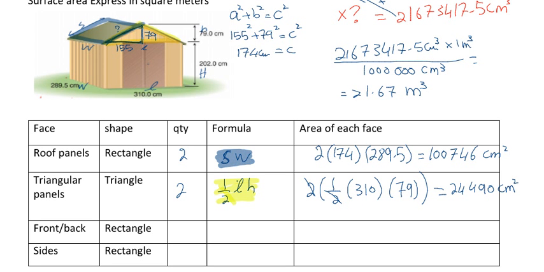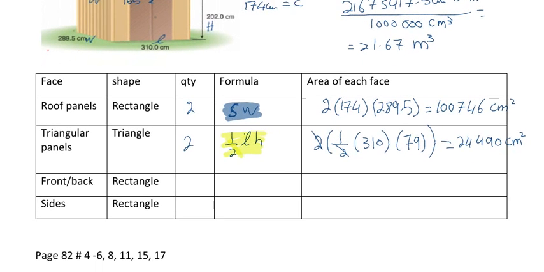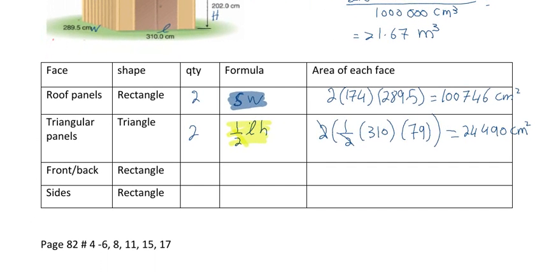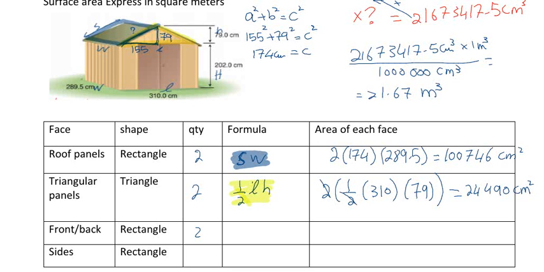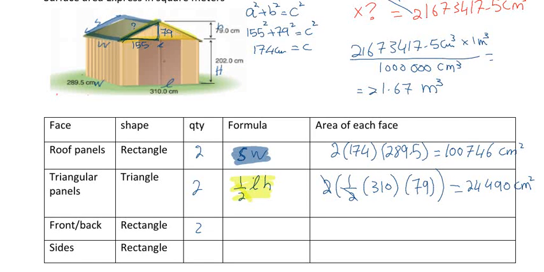Now, the front and back, I have 2 rectangles. So I have the length times the height. Negative 6 plus 4, negative 2x, plus 24x.